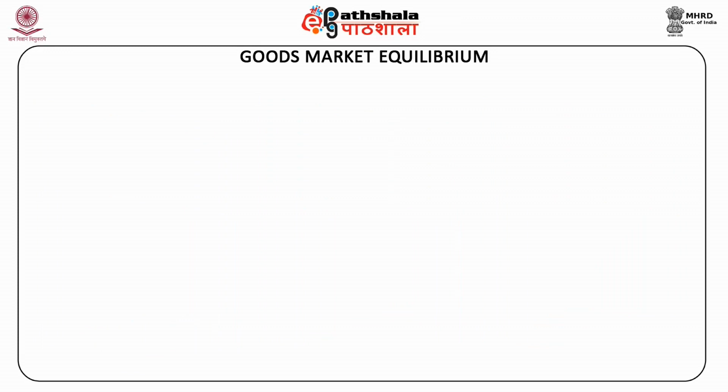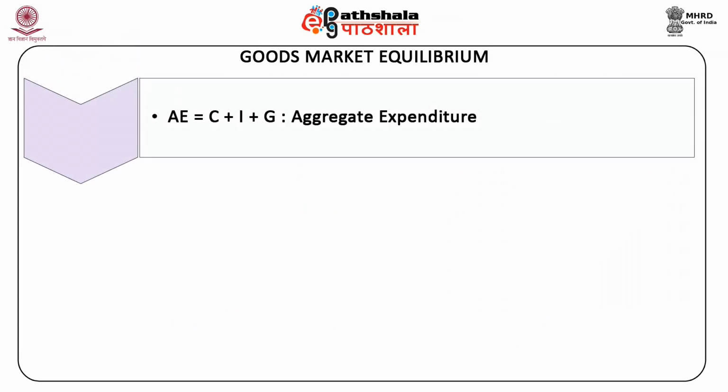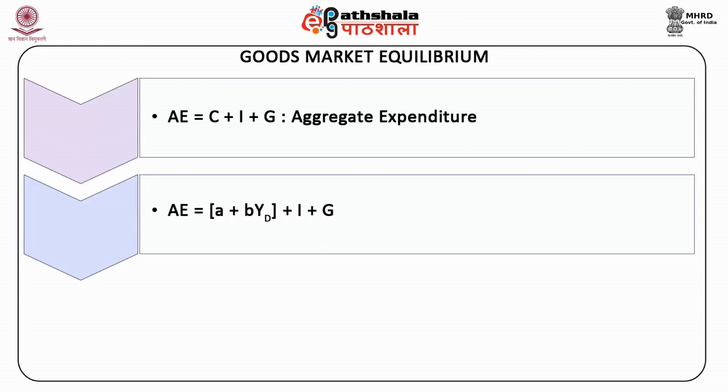When the functions are inserted in the AE equation, we get AE = C + I + G, AE = A + bYD + I + G.